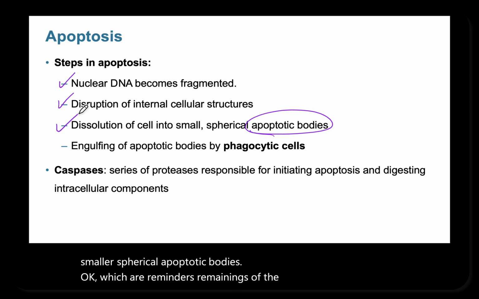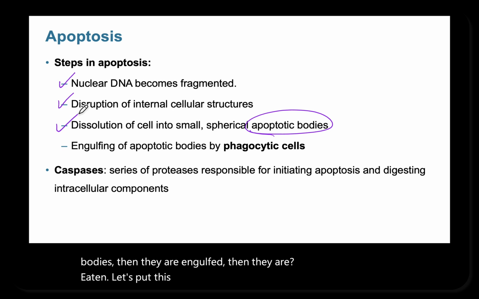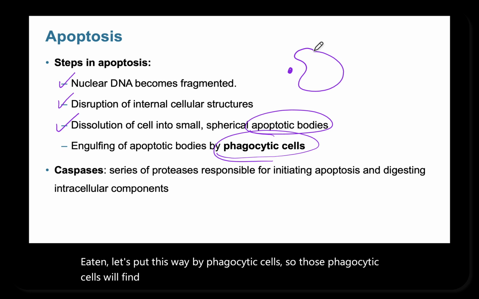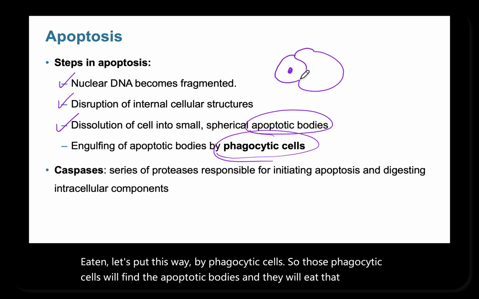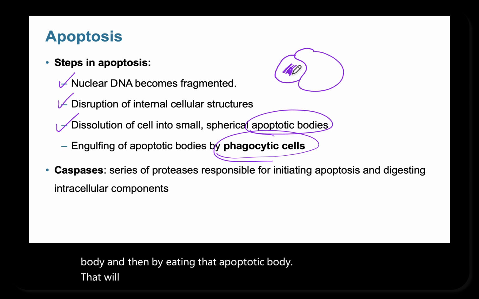Those apoptotic bodies are then engulfed, eaten, let's put it this way, by phagocytic cells. So those phagocytic cells will find the apoptotic bodies and eat them, and by eating them, they destroy the apoptotic bodies.